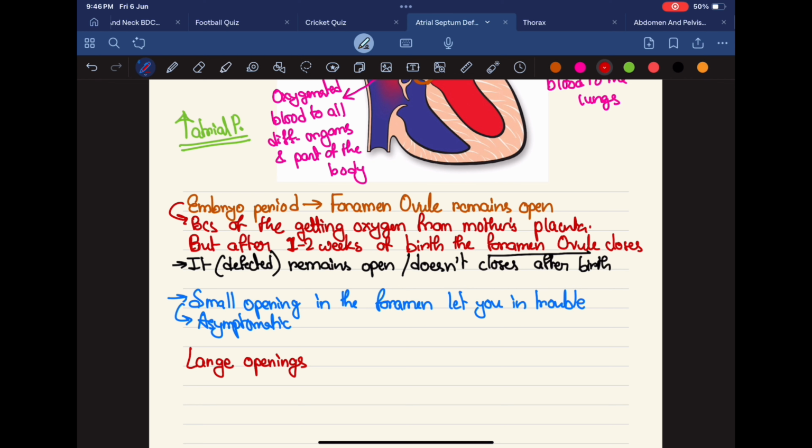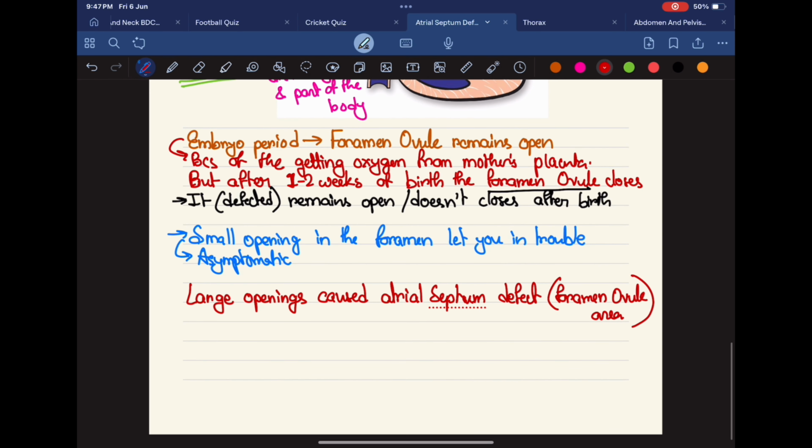and large openings cause atrial septal defect, a large opening of the foramen ovale area. What happens if the large opening remains?